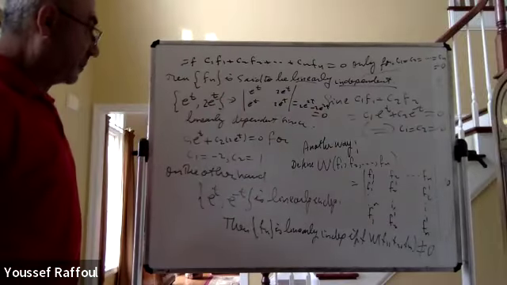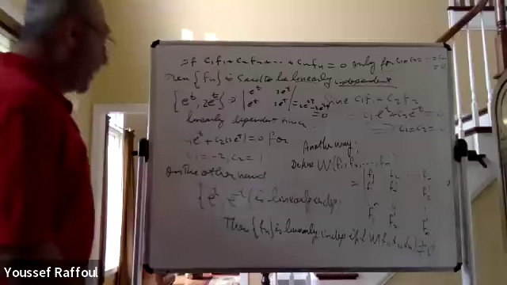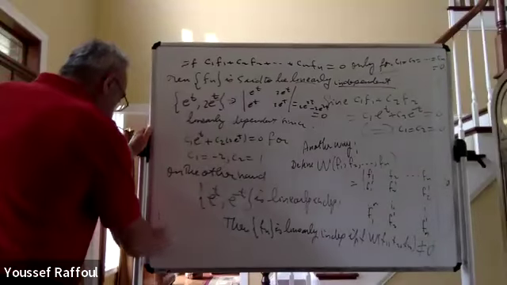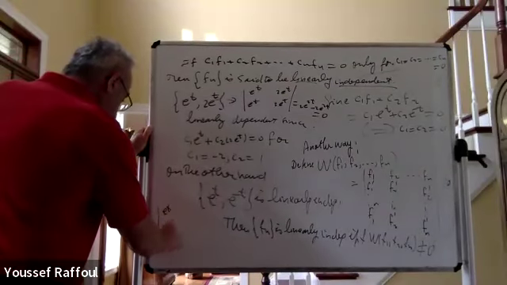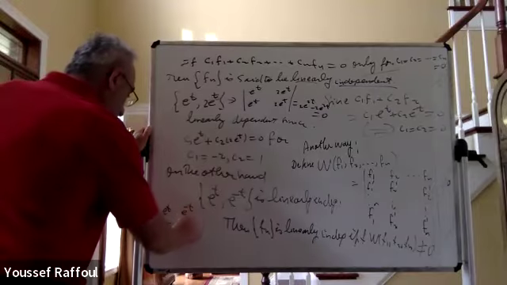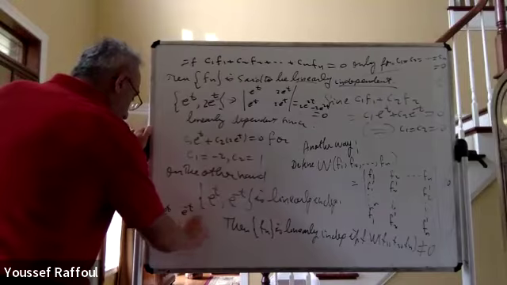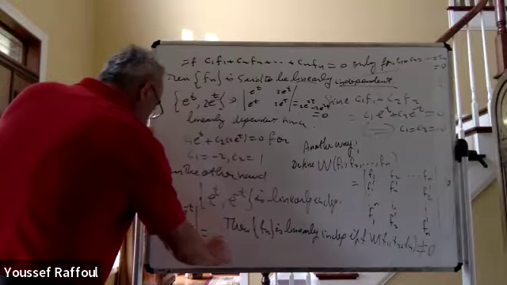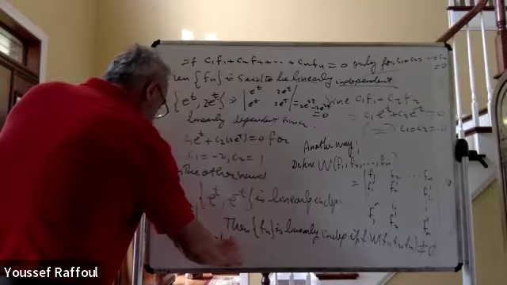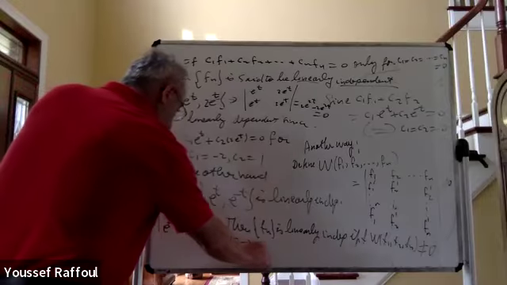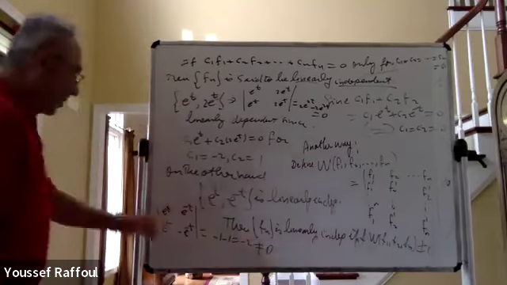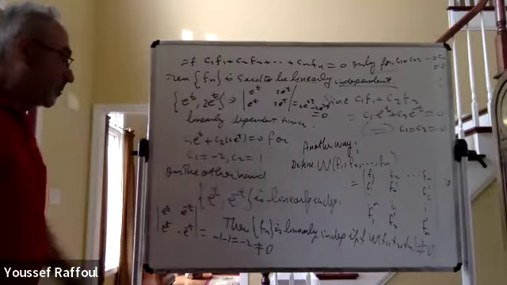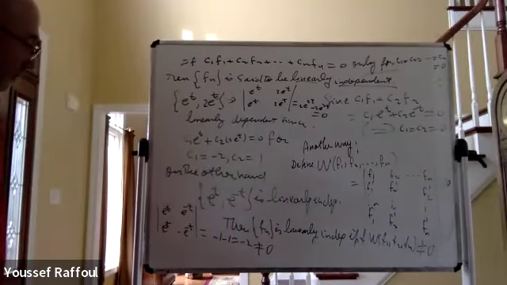Okay? On the other hand, if you look at this one, you get e to the t, e to the minus t, e to the t, minus e to the minus t, and that is minus 1 minus 1, that is minus 2, that is not 0. So these are linearly independent. Okay?